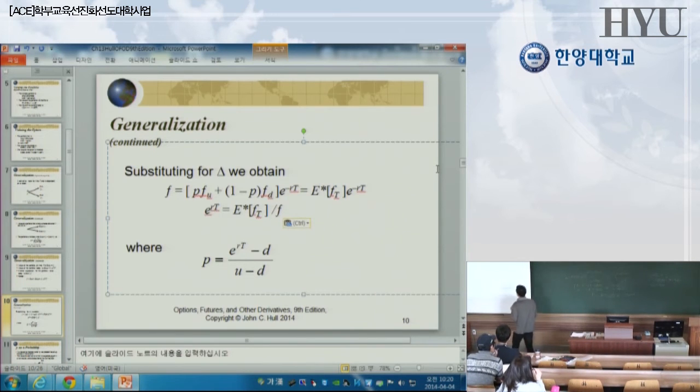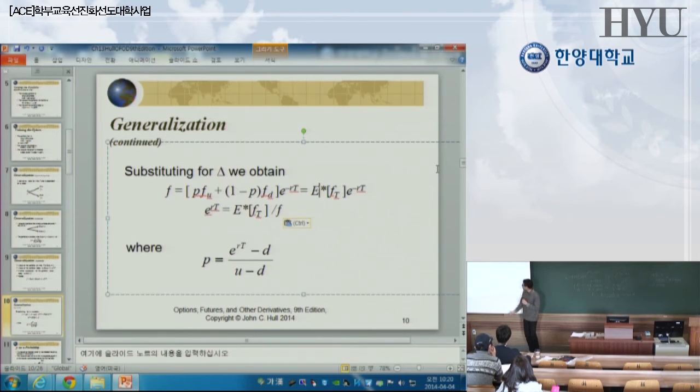Now, okay, I told you that this is the expected value of the derivative in a hypothetical world. In order to get the expected value of the derivative in the hypothetical world, we have to get the probability, right? In order to calculate the value, we have to know the probability of each scenario, each state, right?